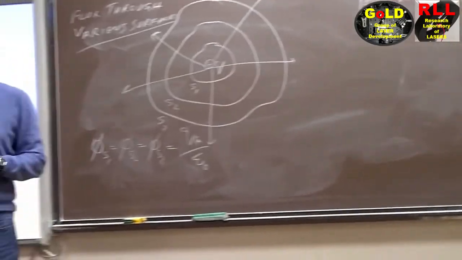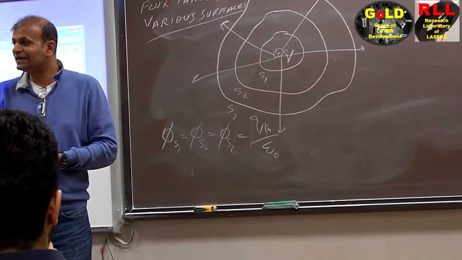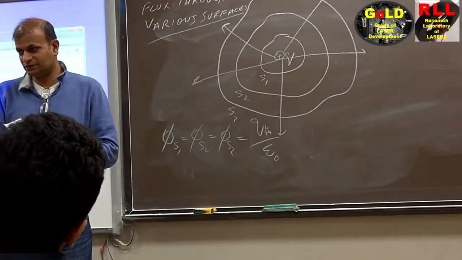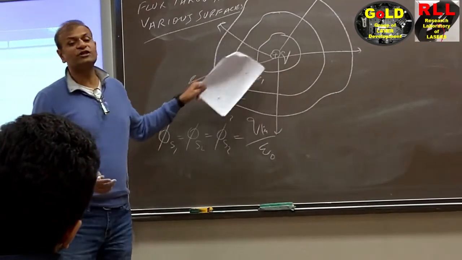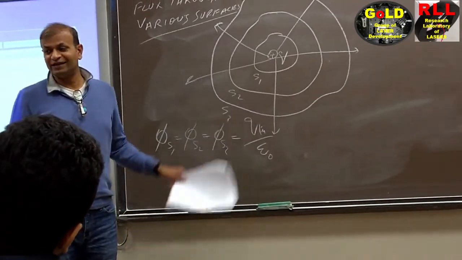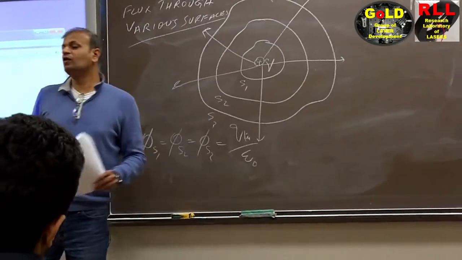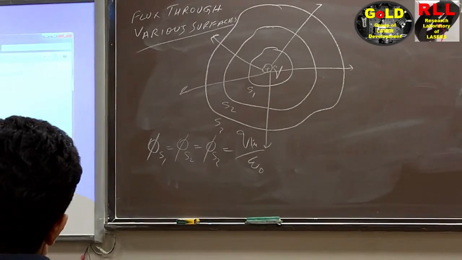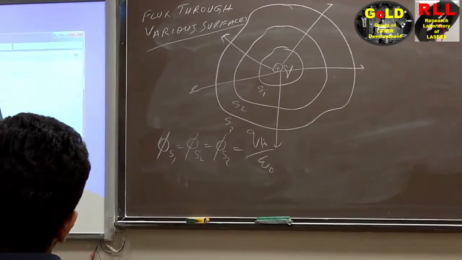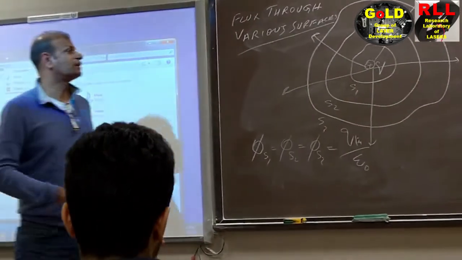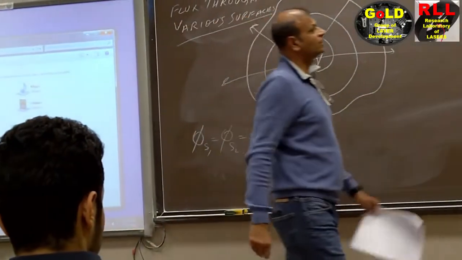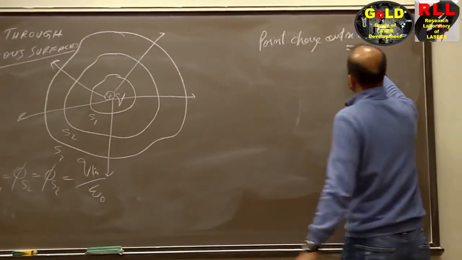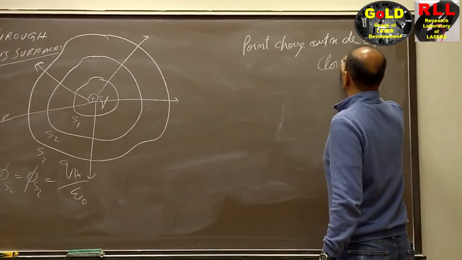So Gauss's law is applicable to closed surfaces, where the charge is enclosed in the surface. So these are also closed surfaces. Everything we apply here is applied to closed surfaces, where Gauss's law is applicable.